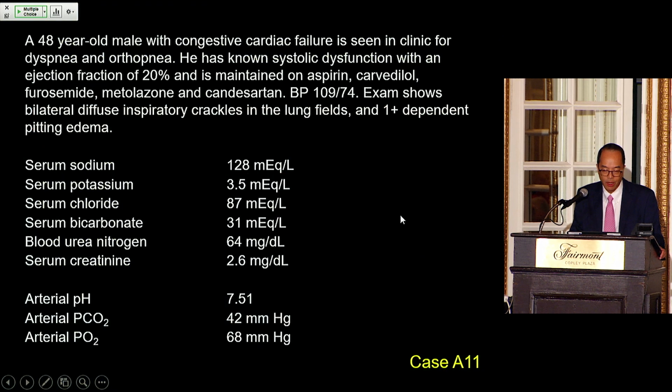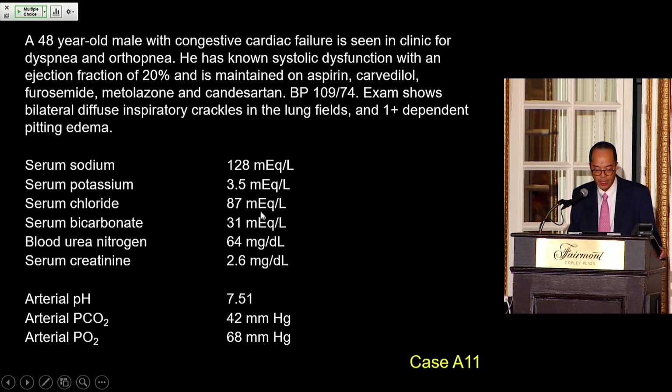Okay. A 48-year-old male with congestive cardiac failure is seen in clinic for dyspnea and orthopnea. He has known systolic dysfunction with an EF of 20% and is maintained on aspirin, carvedilol, furosemide, metolazone, and candesartan. Exam shows bilateral diffuse crackles and 1 plus edema.